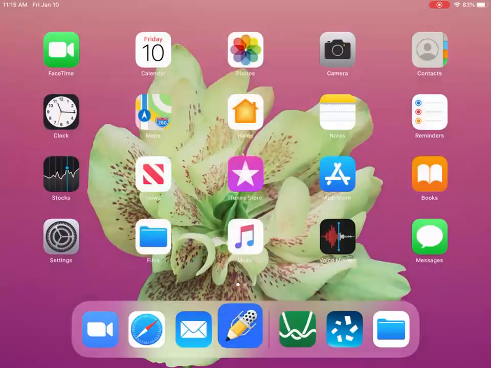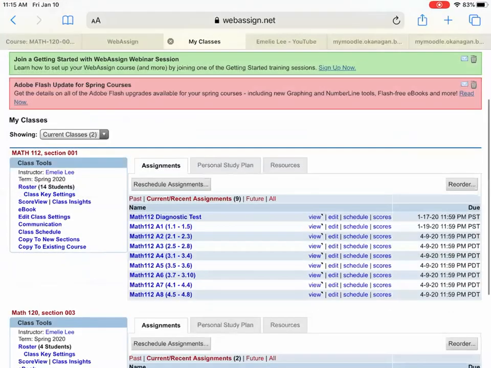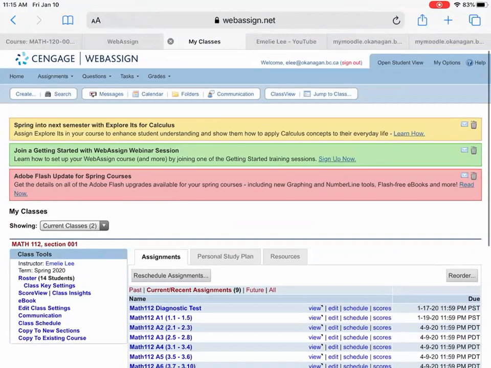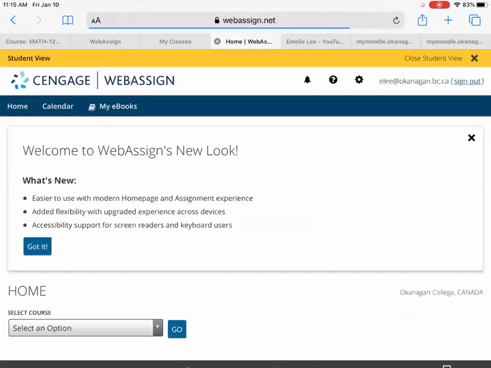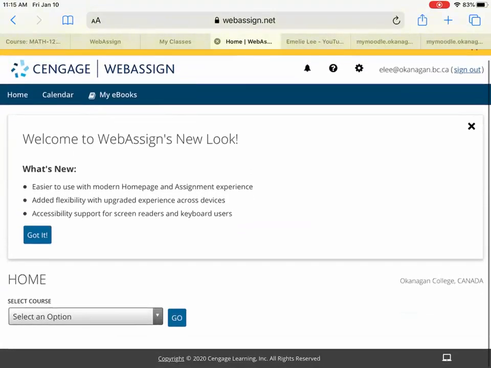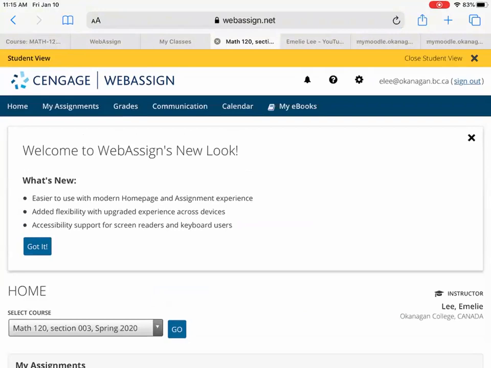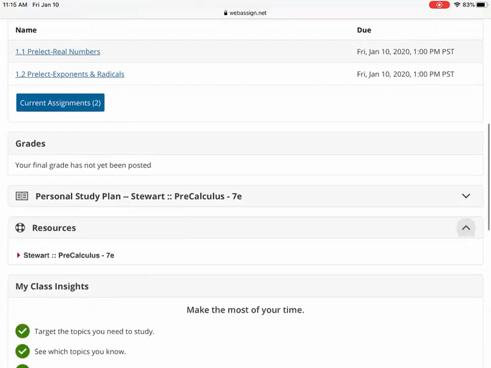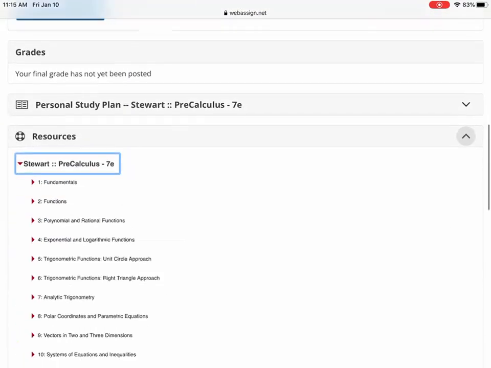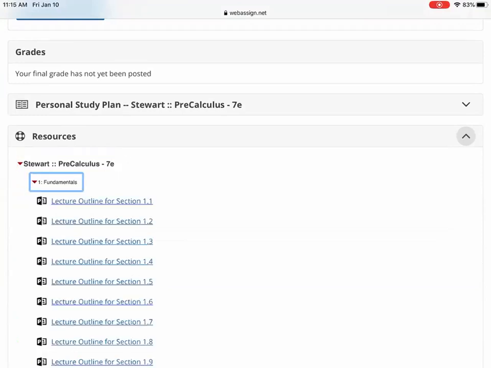All right. Let's see here. Take me back to student view. I think it complains because you have to be in the browser, but I guess I'll be in the browser here. Let's have a look. Resources. What happens if I just press this one?